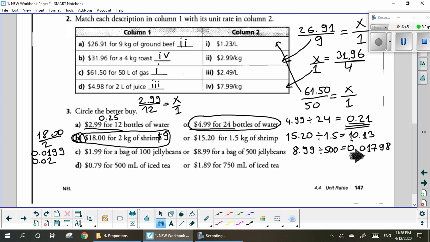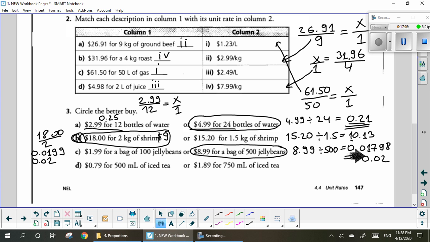All right, if I round this one, it should be 0.02. Wait a minute, so they essentially both cost the same? Yes, if we round it. But if we look at all the digits, we will notice that this bigger bag is slightly cheaper. Not by much, but it is slightly cheaper.